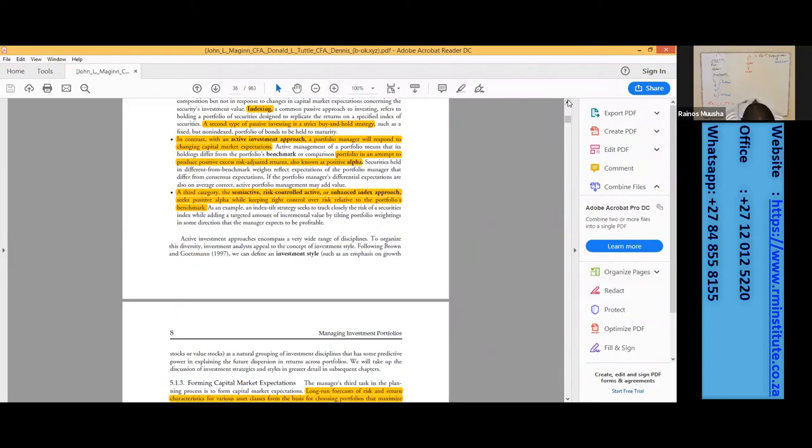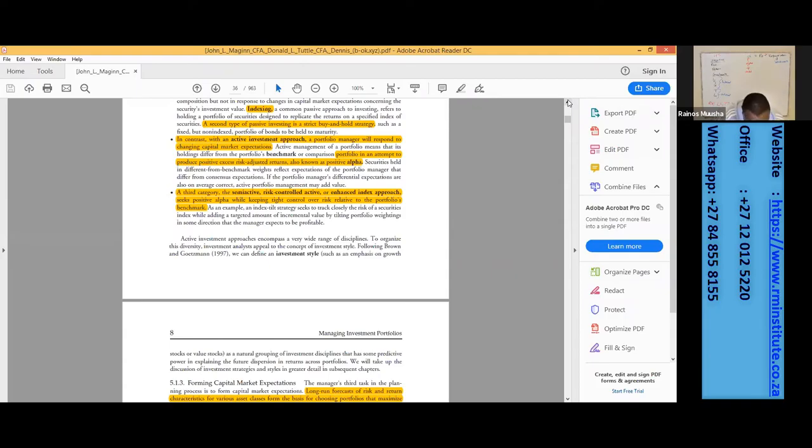So following Brown and Goodman, we can define an investment style, such as an emphasis on growth stocks or value stocks, as a natural grouping of investment disciplines that have some predictive power in explaining the future dispersion in return across portfolios. So we'll take up the discussion of investment strategy and styles in greater detail in subsequent chapters. So we're going to be looking at this in subsequent chapters as well.